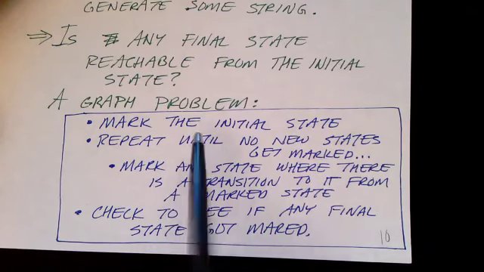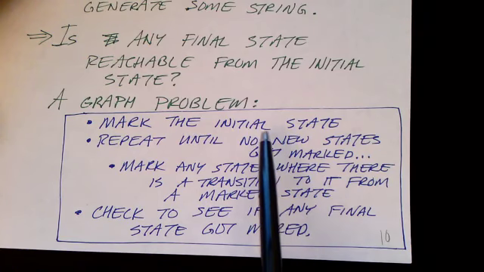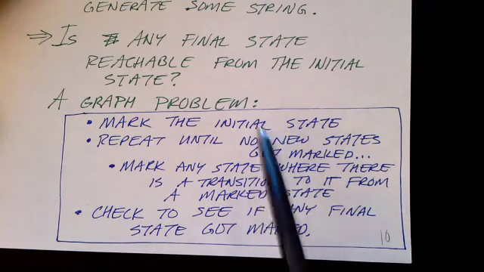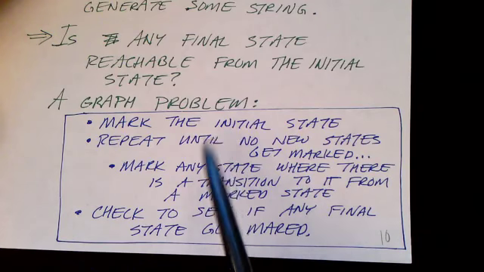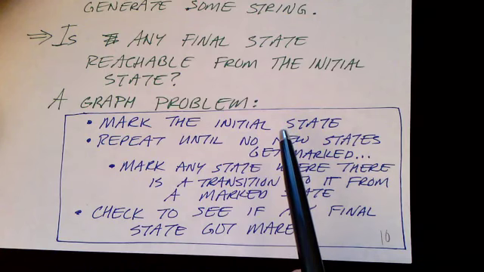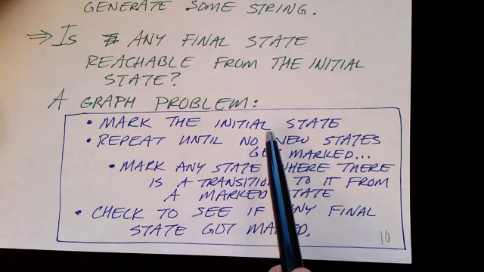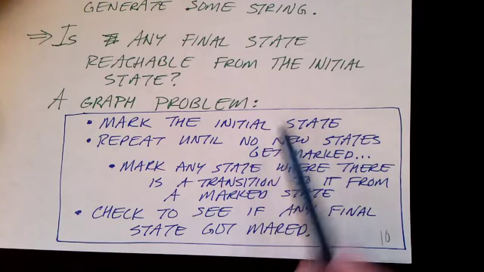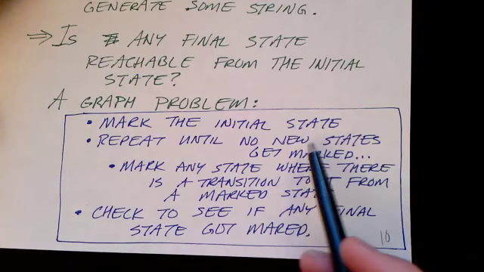The algorithm is pretty straightforward, but I'll just go through it here. The simplest approach is a marking algorithm. We're going to imagine drawing the graph on a piece of paper, the way I've done in the past, with little circles for states and little arrows for the transitions. And we're going to mark each state, potentially, and we can imagine taking a pen and putting a little check mark next to each state that we want to mark.